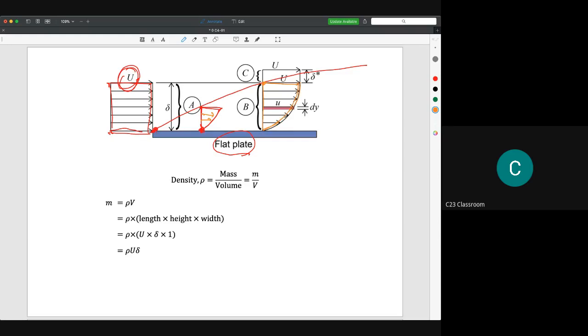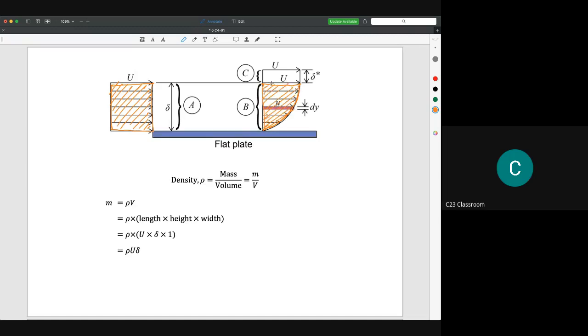Okay, and then the meaning of displacement thickness is, if we see the area here, this is the mass that flows before it contacts the flat plate. However, when the fluid molecules start to contact the flat plate and create a velocity distribution like this, we found that the velocity distribution is shaped like this.